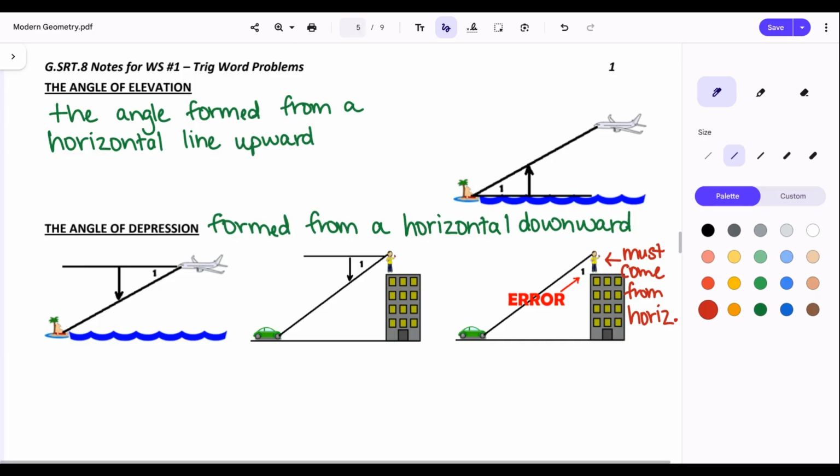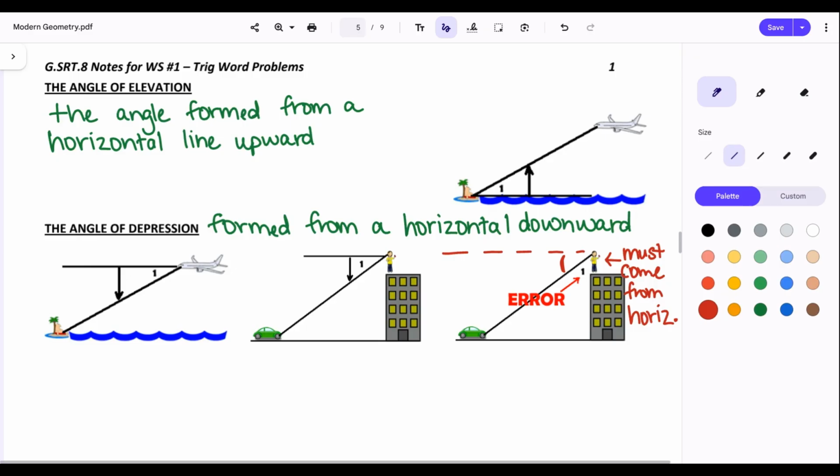When you're drawing an angle of elevation or an angle of depression, you have to have the horizontal line of sight factored in. You have to have the angle coming from the horizontal line of sight. This one is not, because this person's horizontal line of sight would be going out like this, like we saw in that other picture, and it would be this angle instead. The horizontal line of sight is not matching up with where they put that one. So we don't want you to think about that when you're thinking about angle of depression, okay?